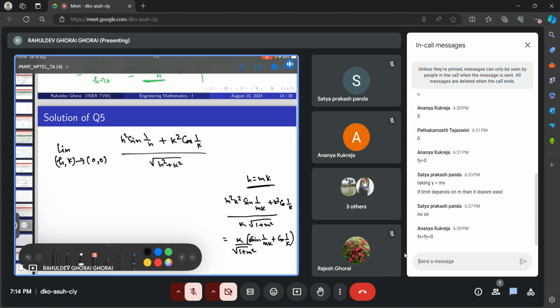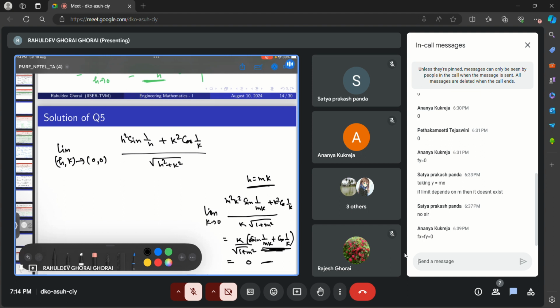But this function is bounded, and the limit is as k tends to 0, because h and k are converging to 0, h tends to 0 implies k tends to 0, so that implies it will be 0. But you cannot say the limit is 0; you can predict that the limit might be 0. You have to take some other path also to show that the limit is 0.